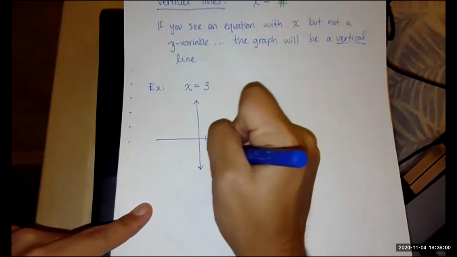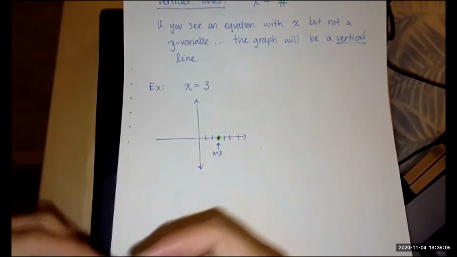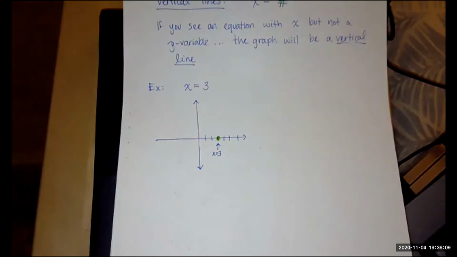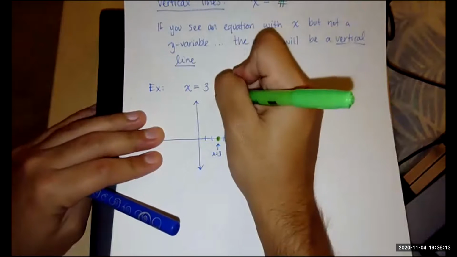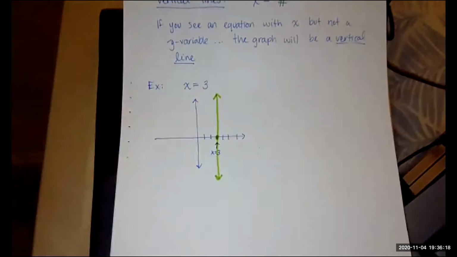This is where x is equal to 3. And since I know that this is a vertical line, because there's no y variable, I'm just going to draw a straight vertical line that passes through that x value.